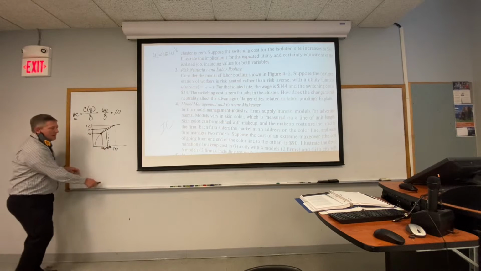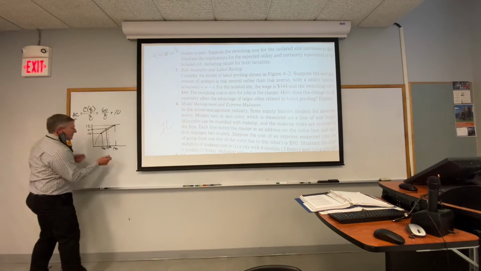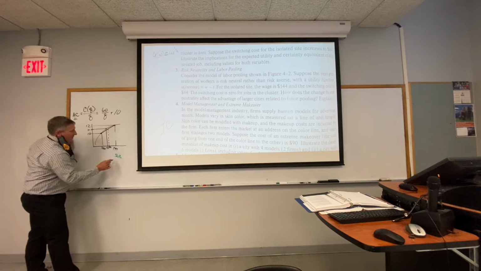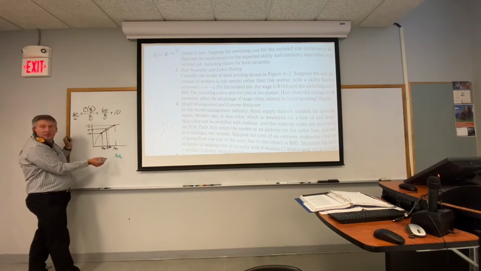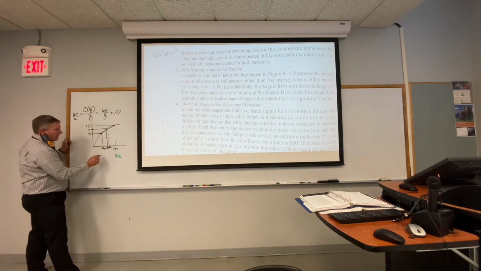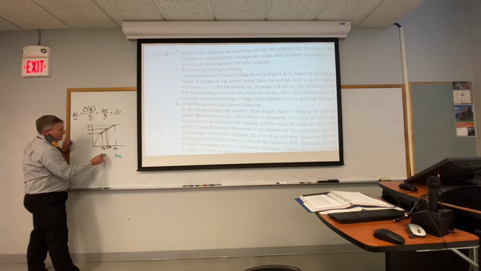So the story was, remember, everybody gets this at first, and then some people get fired, right? And then you have to switch, which gives you a 50% chance of getting this.